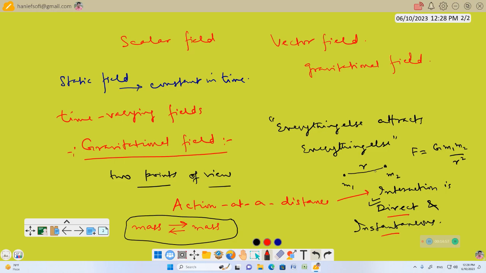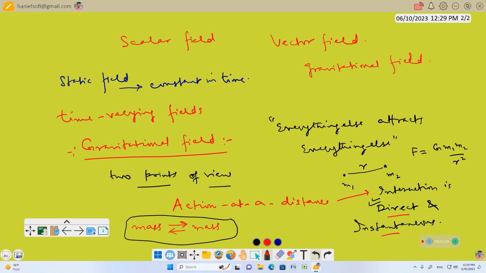When you move m2, m1 senses its movement instantaneously. How? There will be change in the force, change in the pull, irrespective of the distance between m1 and m2. Whether the distance is 10 light years, 20 light years, any distance, when you move m1, m2 senses its movement at that particular time.